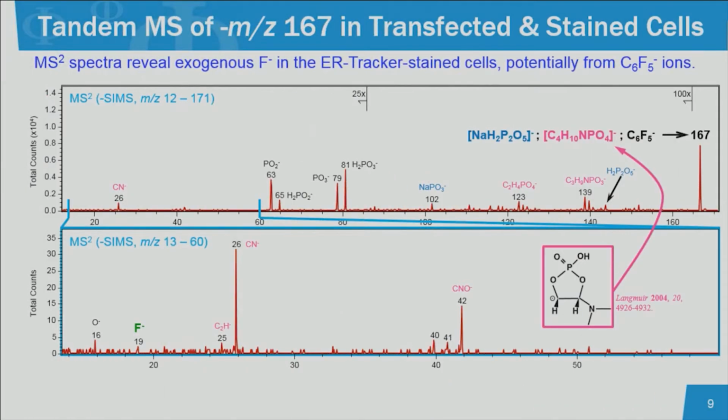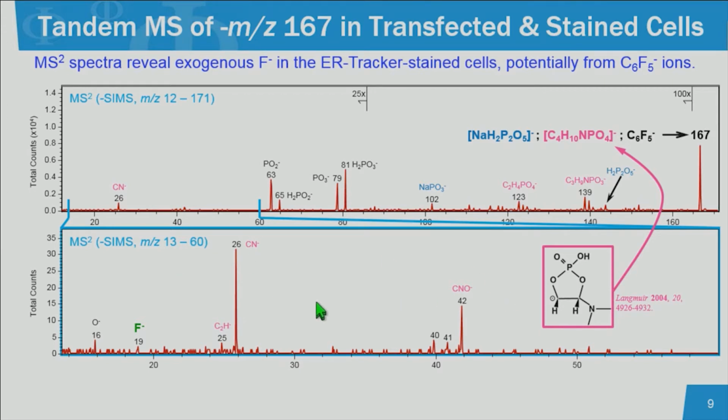So we turned to look at the tandem mass spectrometry data of that peak at a mass-to-charge ratio of 167. So the full mass spectrum is shown in the top panel, and a zoom in of this mass range down here is shown in the bottom panel.